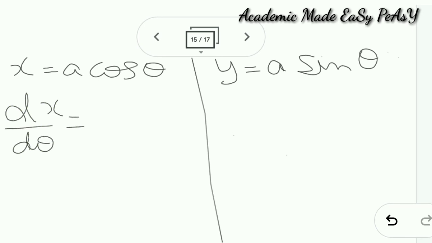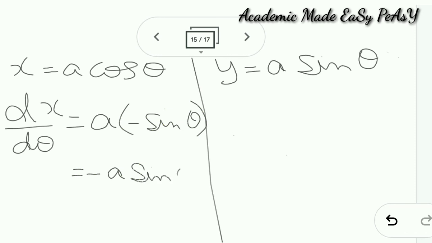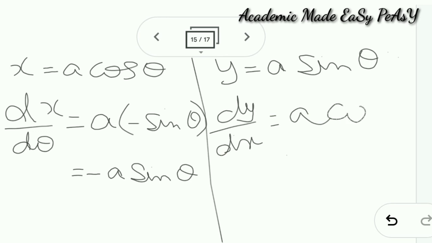The constant a will be as it is, and the derivative of cos is minus sin, so it is minus a sin theta. So dx by d theta is that. And dy by d theta is a into the derivative of sin theta, which is cos theta, so it is a cos theta.